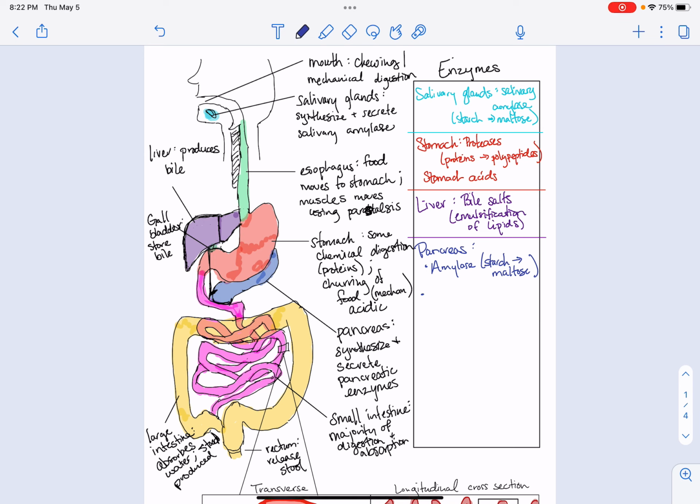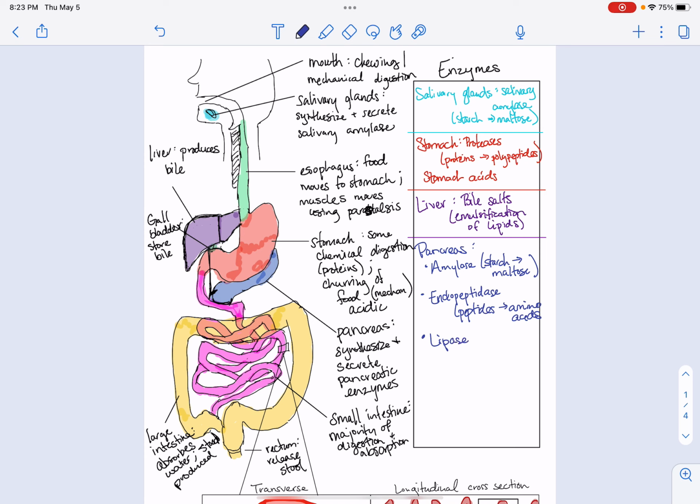Then we have endopeptidases. Endopeptidase is going to break down the peptides into their amino acids. Peptides into amino acids. And then, oh, we forgot lipase.